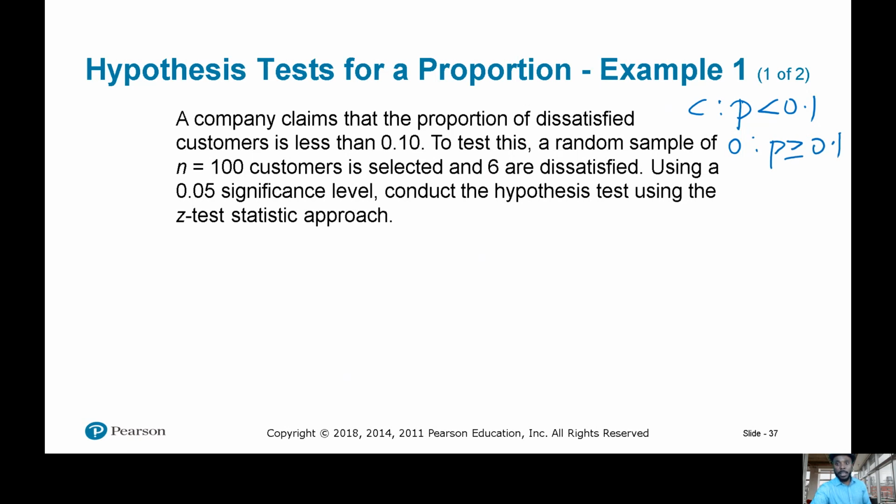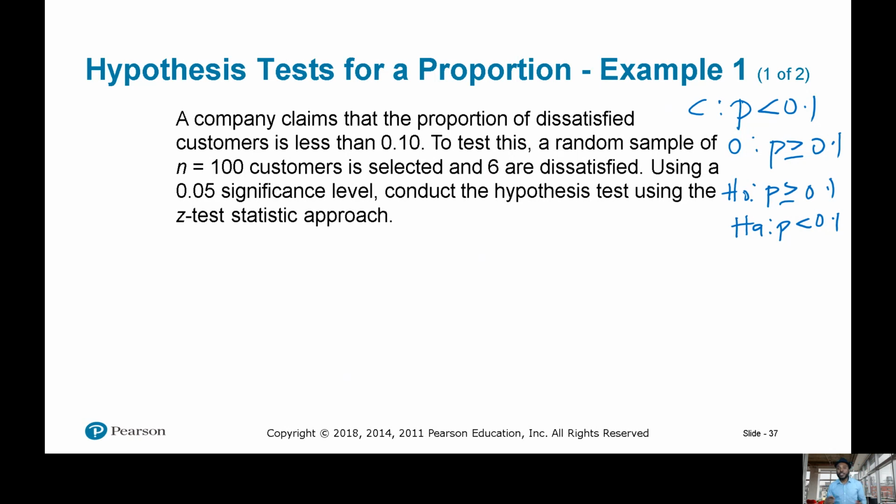So our null hypothesis is p greater than or equal to 0.1, and our alternative hypothesis is p less than 0.1. Looking at these, we can see that we'll be conducting a left-tailed test, since the sign for the alternative is less than.